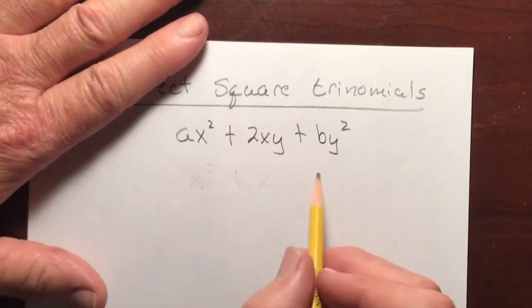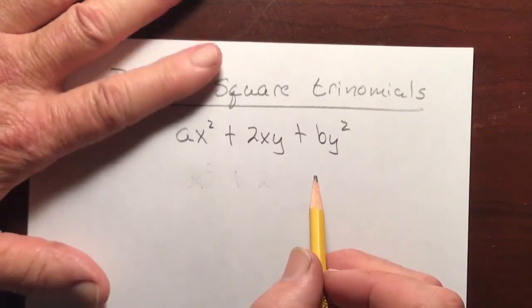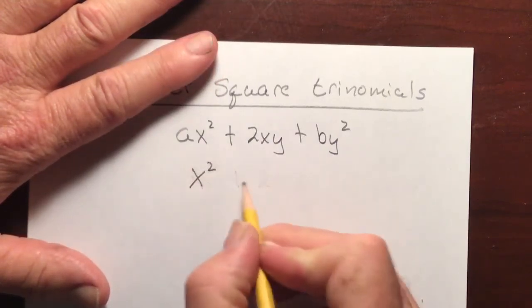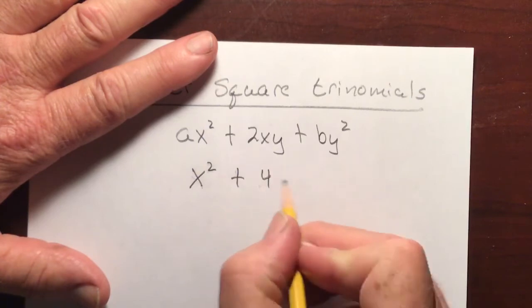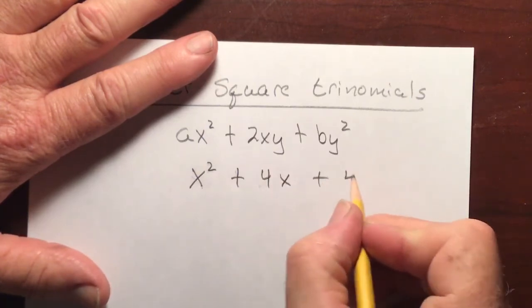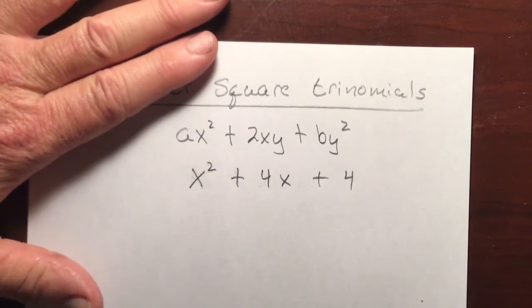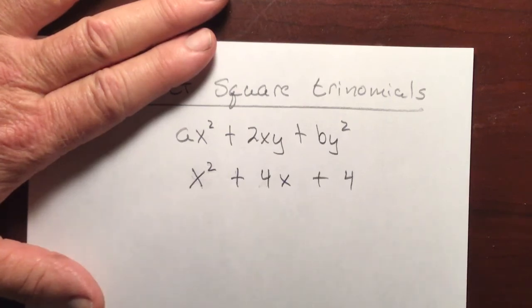But what you're going to do with these is, let's say we take an easy one like x squared plus 4x plus 4. If you recognize it, you can see this as a perfect square trinomial. Most students probably are not going to do that.